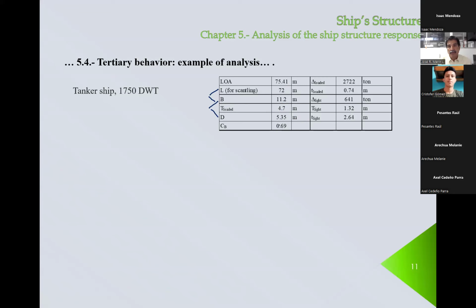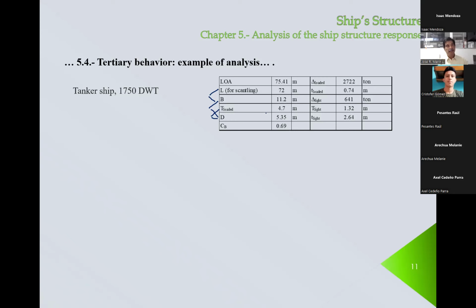Another thing which is very important is the difference between these two. What I ask you to do is try to start seeing these numbers, not just as a figure there, but physically, this is what you mean. Okay, 65 centimeters, that's not much. So you have a small roll angle and you have water on deck.